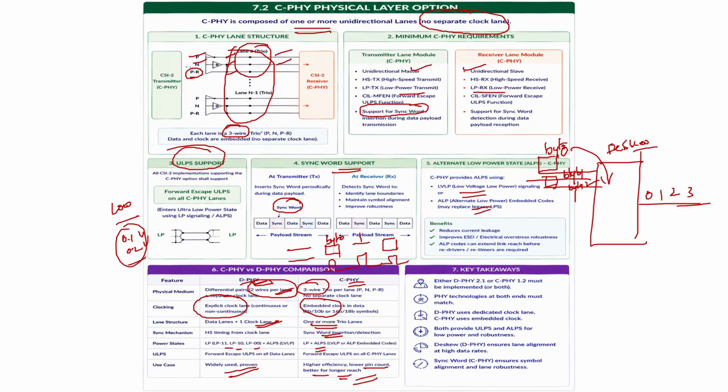That means your data and clock are aligned while transmitting from the transmitter side to the receiver side. Yeah, data is aligned with the clock. That is the reason we are adding the synchronous words in between the data bytes. Clear?